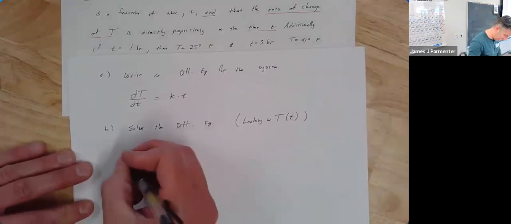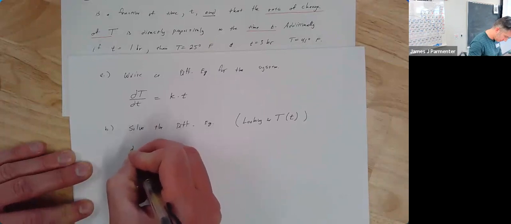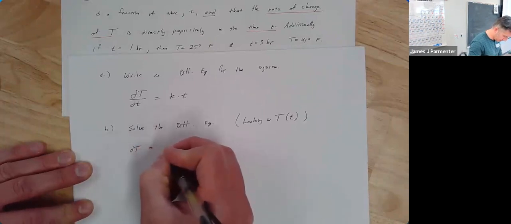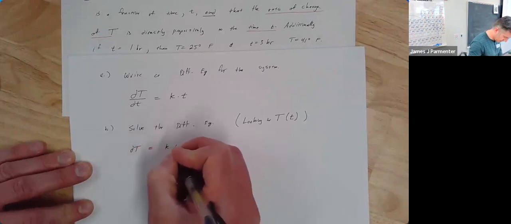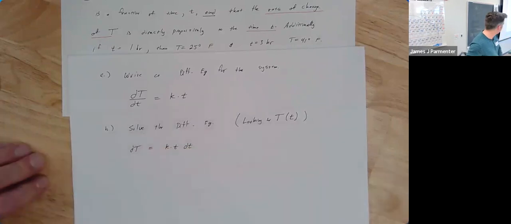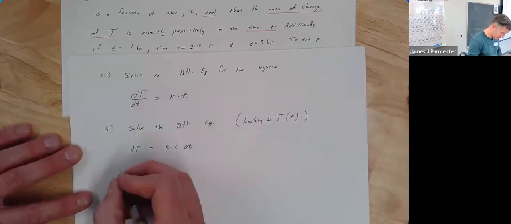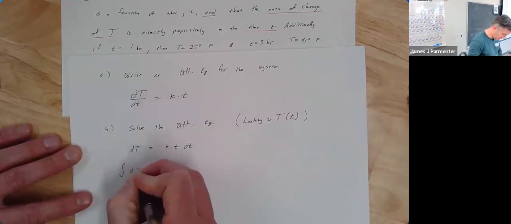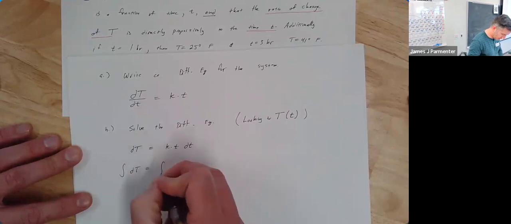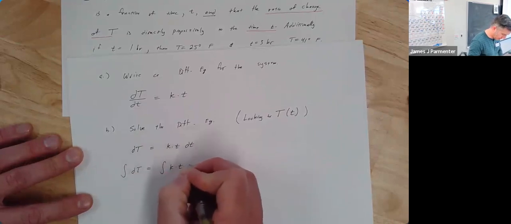So I'm going to rewrite this as dT equal to kt times little dt. All I did was essentially multiply both sides by little dt. Totally fine. And then I'm just going to integrate both sides. So the integral of dT is equal to the integral of k times t times dt.